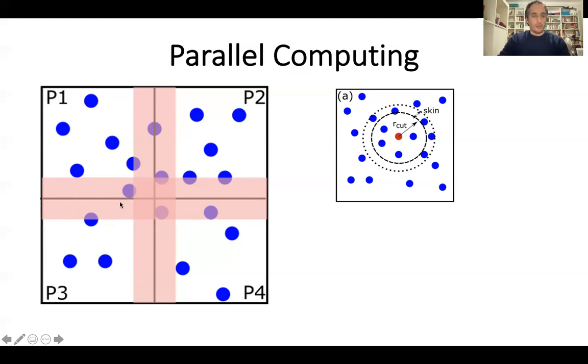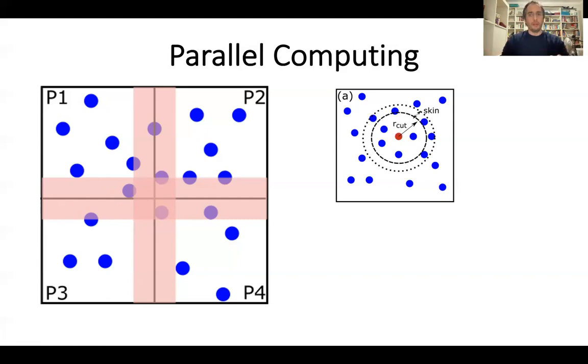So inside this neighboring process, you'll get these ghost particles over here that belong to the other process, but will also be considered here, and they will be checked for the force computation.